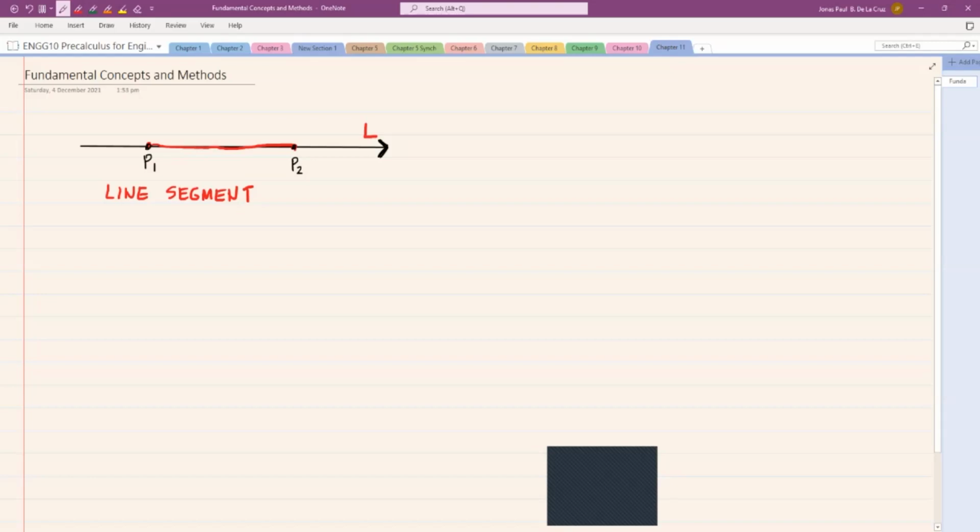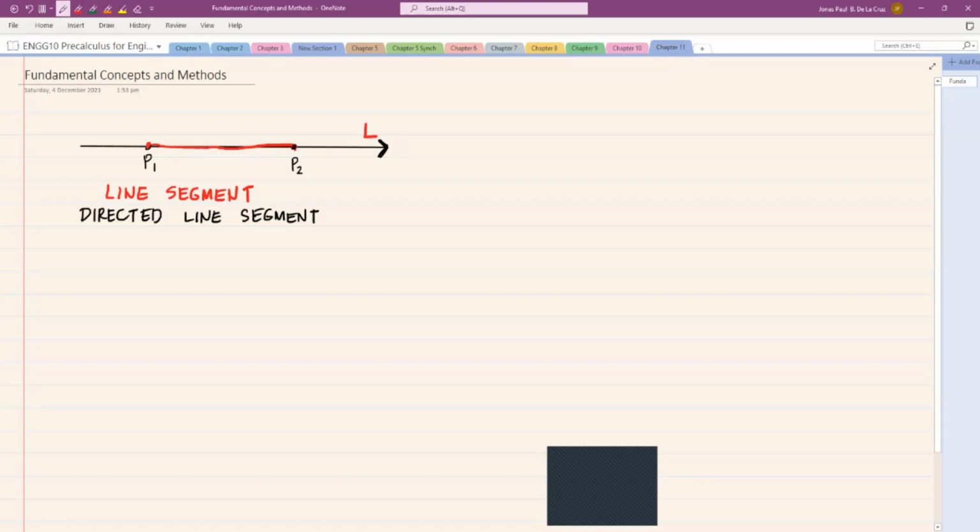So, ang ibig sabihin nito, kapag nagta-travel tayo dito, pag nanggaling tayo kay P1 papunta kay P2, since we are going in the direction of the line L, so positive yung line segment natin. Yeah? So this distance is now called the directed distance, di ba? So yung distance na P1 to P2 is a positive distance.